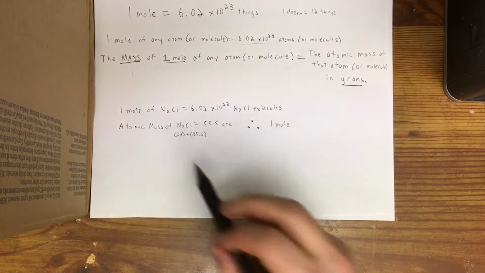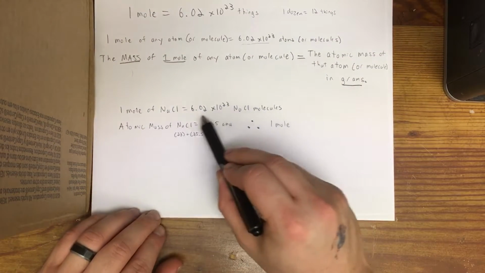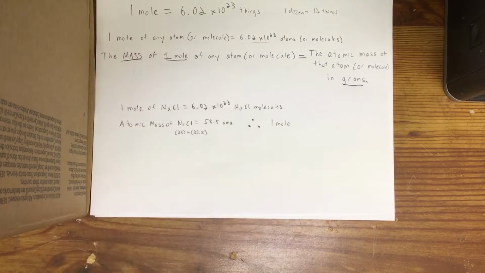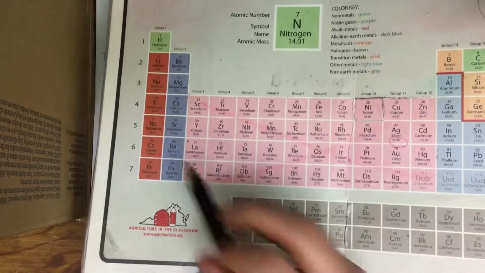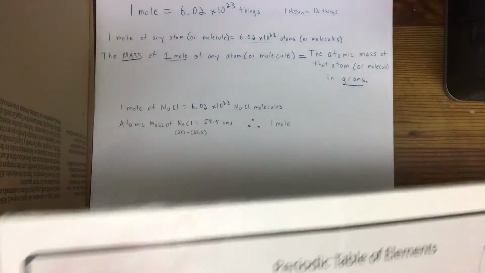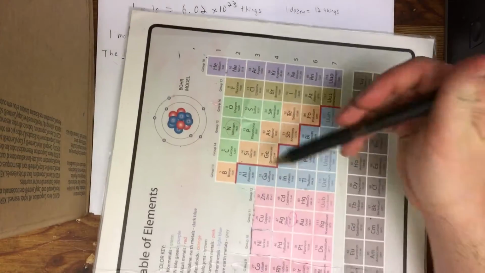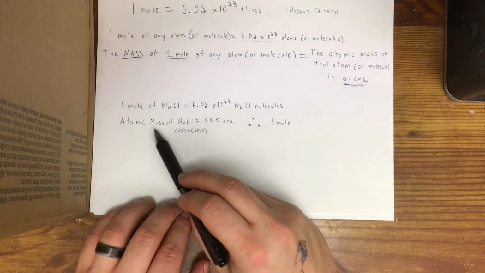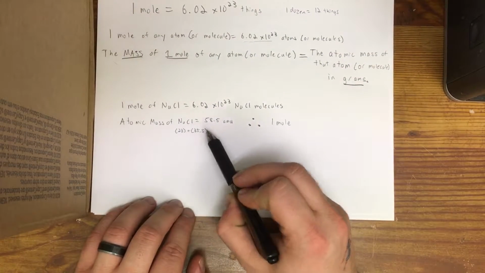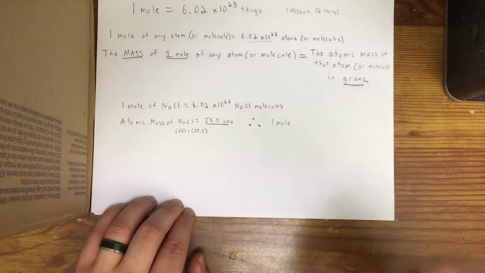Well, we know that a mole of sodium chloride is this many molecules, and that the atomic mass of sodium chloride is 58.5 AMU. We get that amount from the periodic table. Sodium weighs approximately 23. Chlorine weighs approximately 35.5. So the atomic mass of 1 molecule of sodium chloride is 23 plus 35.5, or 58.5 AMU.